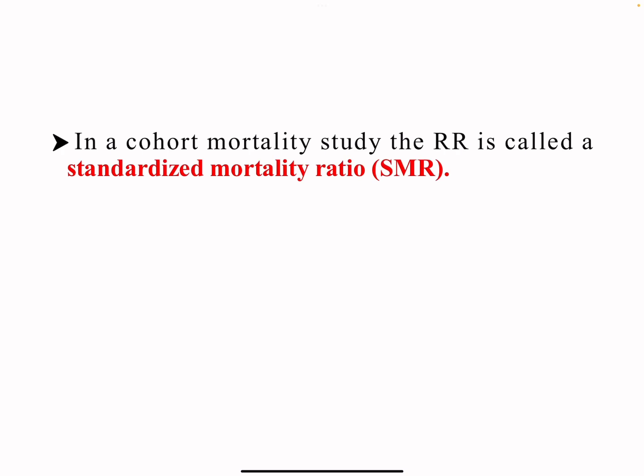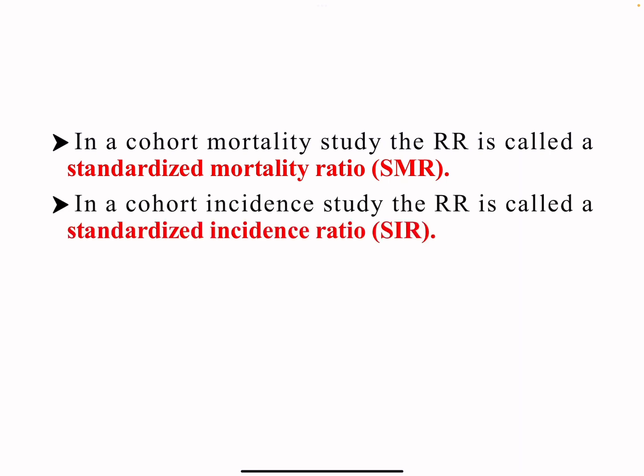In cohort mortality study, we call the relative risk standardized mortality ratio. So if you are asked to calculate the standardized mortality ratio, then you should understand that this is the relative risk in a cohort study. In cohort incidence study, the relative risk has another name, which is standardized incidence ratio.